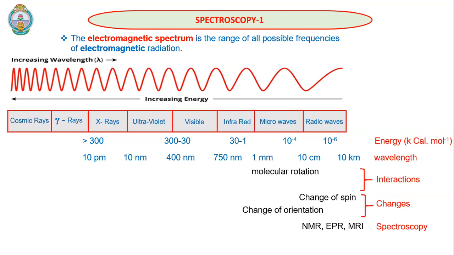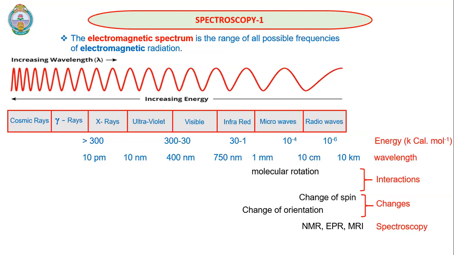When we pass microwaves onto a specimen, because of its higher energy than radio waves, it will induce molecular rotations in the specimen. Because of the molecular rotations, the orientation of the molecule will change, or in other words, the conformation of the molecule will change.